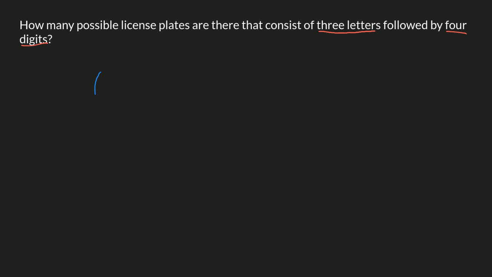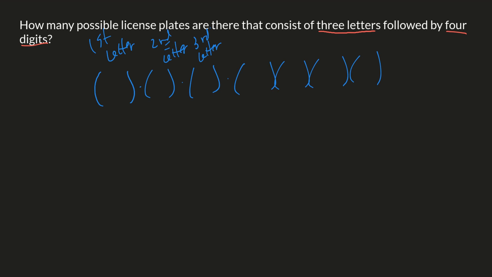So first, we have to choose the first letter, and then the second letter, and we're going to multiply those two choices together. The third letter times the first digit, the second digit, the third digit, and the fourth digit. So times, times, times. This is going to be a digit, and here, and here, and here.